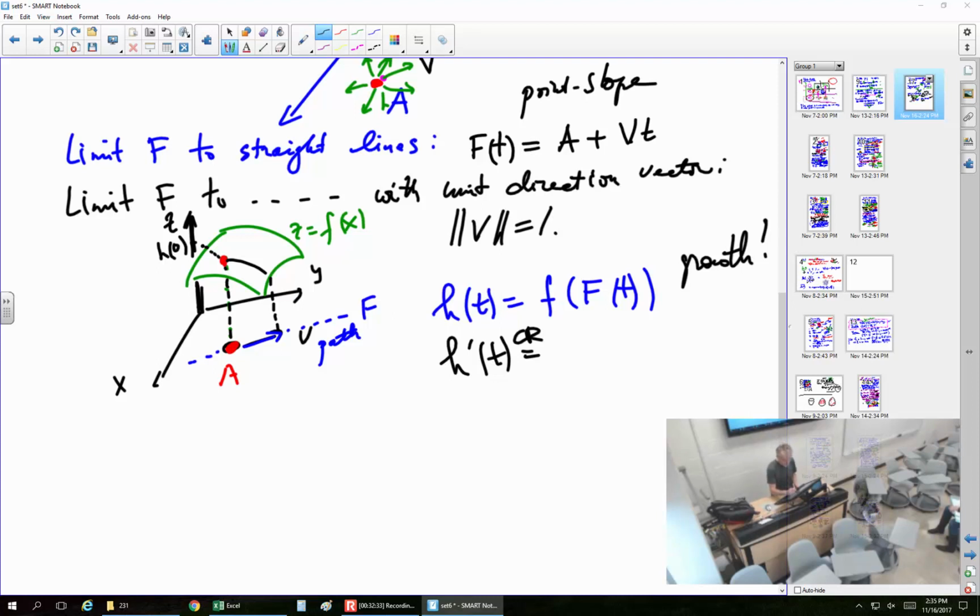The chain rule, so it will be f prime of f, I'm sorry, let me use the gradient notation here. Del f of F capital of, well, let me just put a there. Okay, a times f prime of 0.